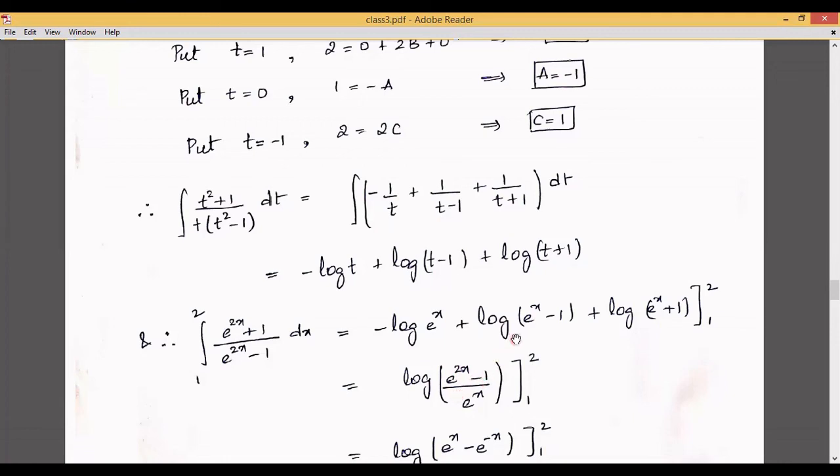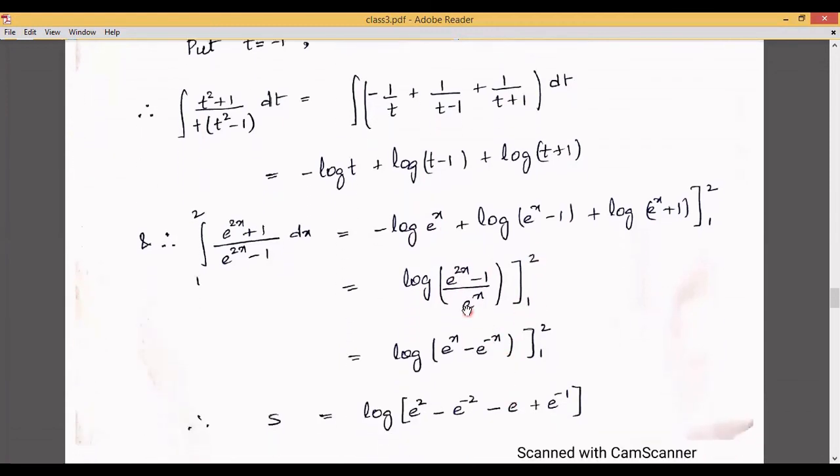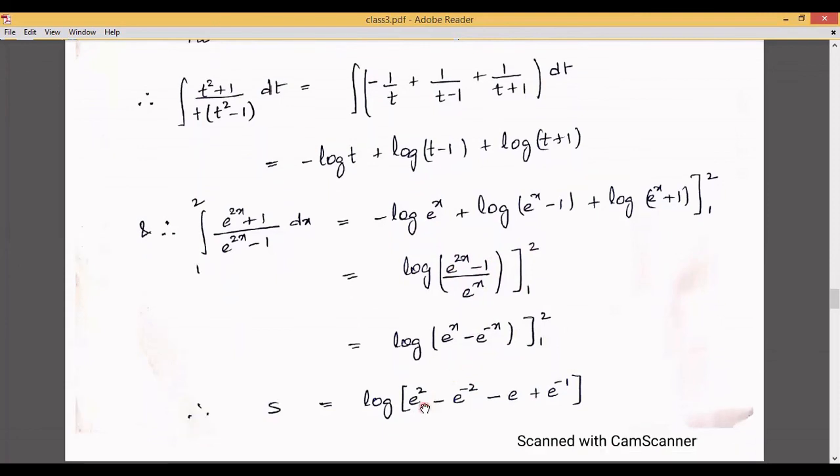And log m minus log n will be log m by n. I've used that one, between the limits 1 and 2. When you split this, you have e power 2x minus 1 by e power x, or simply it is like this. And once you apply the upper and lower limits, you'll get this. So this is all about the 7th problem.